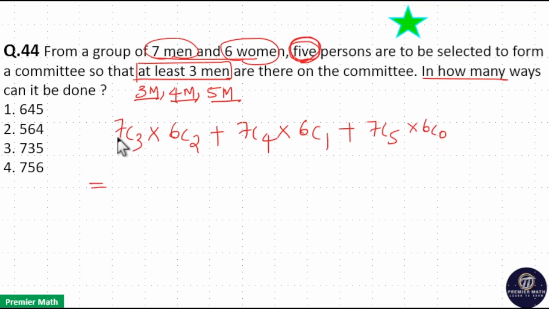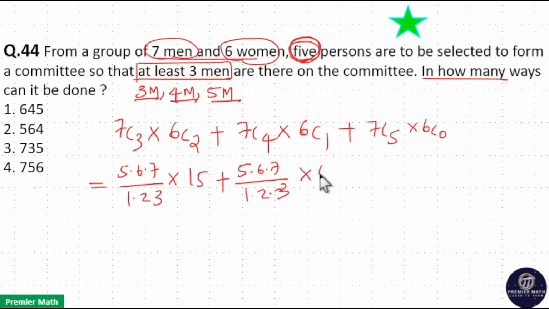So, this is equal to 4 cancel, remaining 5 into 6 into 7 divided by 3 factorial, into 6C2, which is 5 into 6 by 2, that is 15, plus 7C4, which is 4 cancel, remaining 5 into 6 into 7 divided by 3 factorial, into 6C1, which is 6. 7C5 is equal to 5 cancel, remaining 6 into 7 divided by 2, that is 21, into 1.